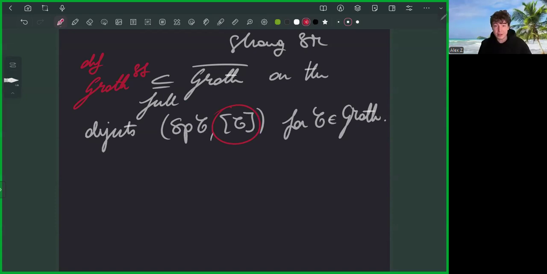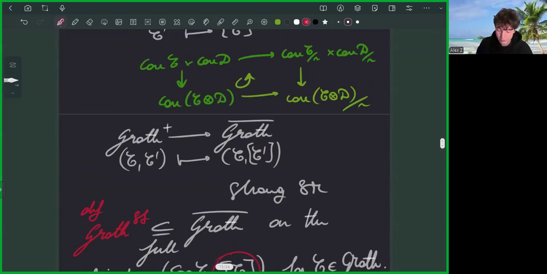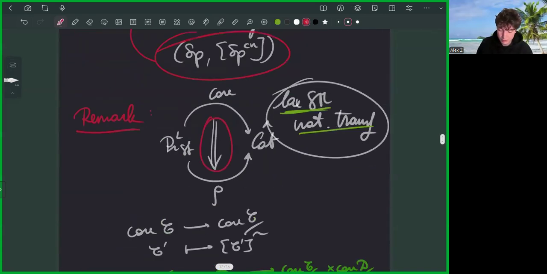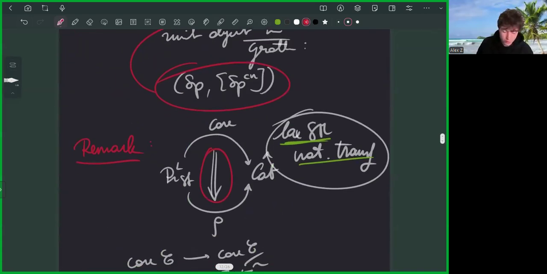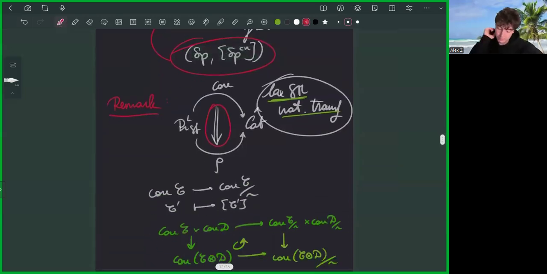So this is sort of a core. C is definitely closed under extensions, and Alex, sorry to interrupt. Can we please go back again? The functor that you'd written, this is fine, but the thing that you'd written before that was also okay. You have this symmetric monoidal embedding from Groth to Groth plus, right?